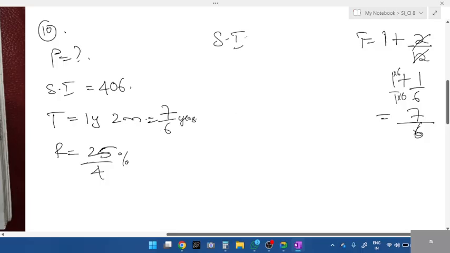Use simple interest, PTR by 100. Substitute all the values: principal, interest, time, rate.